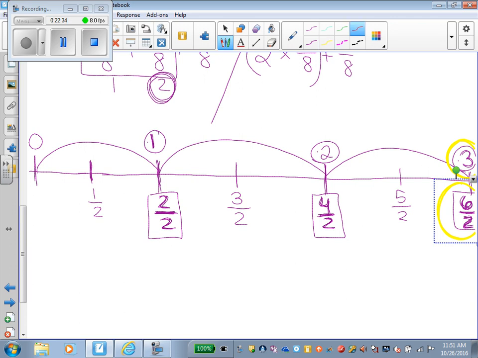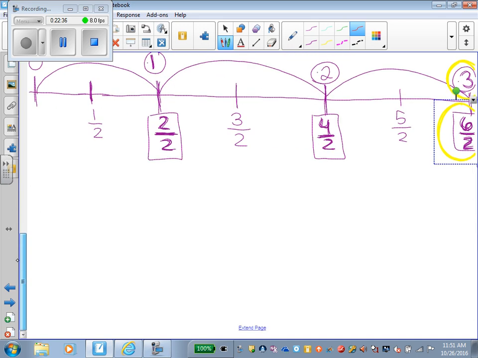What 2 equations can I come up with to show what I have modeled that gives me a sum or product of 6 halves or 3?